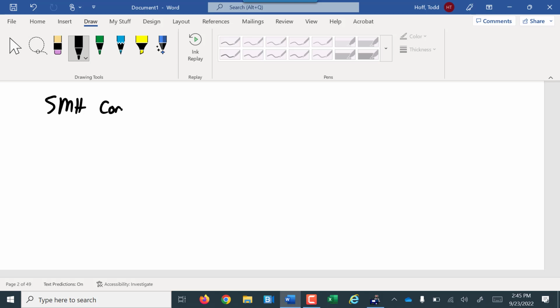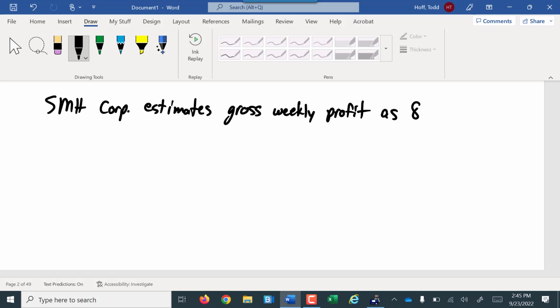SMH Corporation estimates gross weekly profit as 8% of net sales.